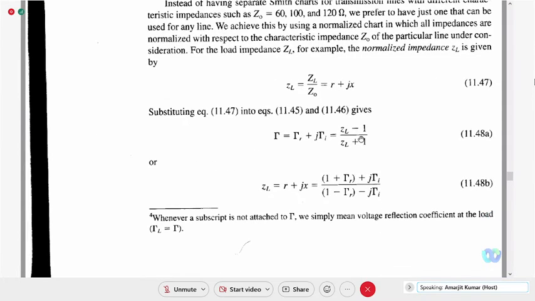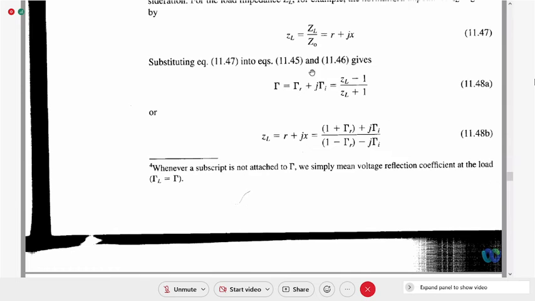Now the normalized load impedance we can also write as small r plus j small x, where small r is the real part of the normalized load impedance, and small x is the imaginary part of the normalized load. So basically we have this equation, there should not be any problem in it: gamma r plus j gamma i is equal to zl minus 1 divided by zl plus 1.